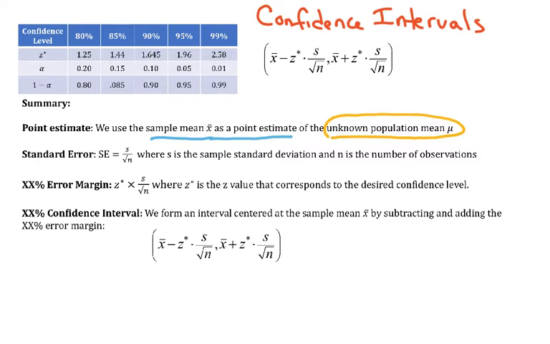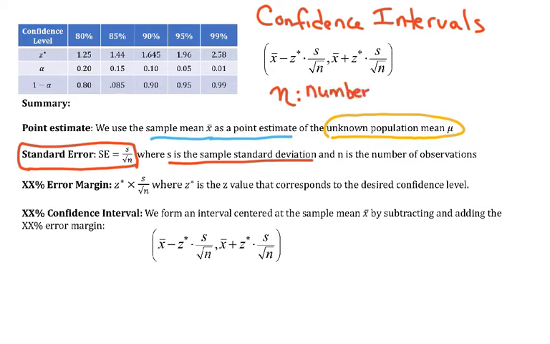And the standard error helps us quantify this uncertainty. So what is the standard error? It's the sample standard deviation divided by the square root of n, where n is the number of observations or measurements or data points if you prefer.